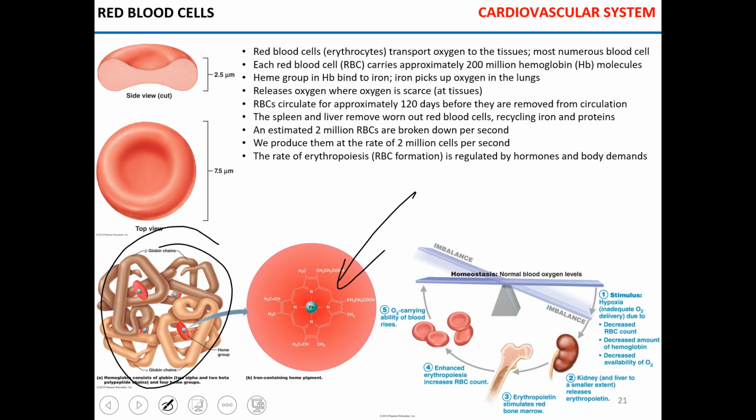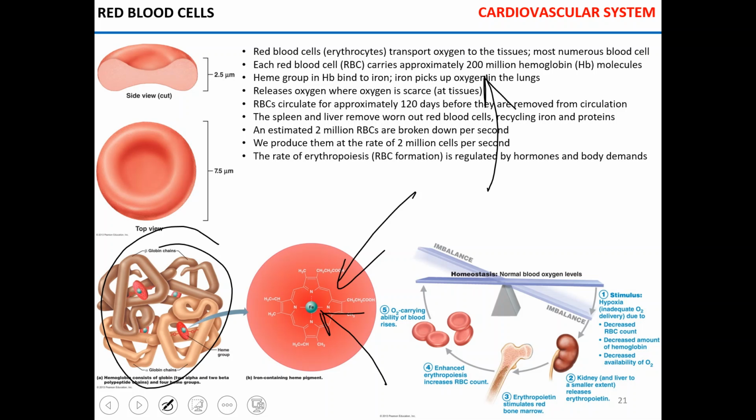Heme, in turn, in the center has an atom of iron. Oxygen can bind to iron and can be delivered to the tissues. Essentially, 1 molecule of hemoglobin can carry 4 atoms of oxygen. If 1 red blood cell has 200 million hemoglobin molecules, 1 cell can carry about 800 million atoms of oxygen.